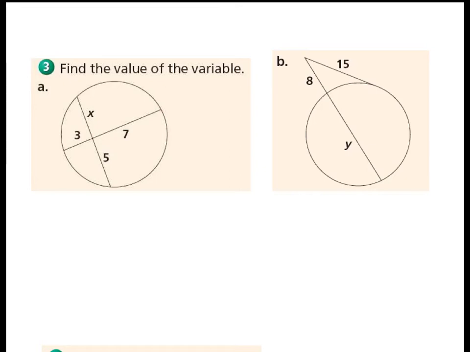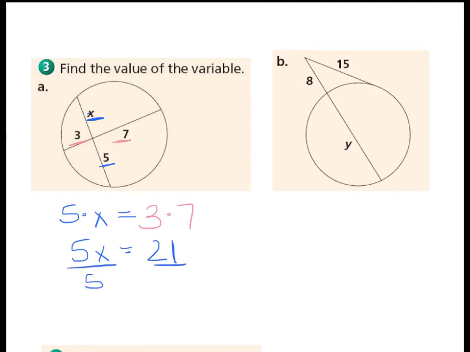On this one, we said we take the two pieces, so in this case it would be x and 5, and you multiply those together, so 5 times x, and that should equal the other two pieces multiplied, 3 and 7. 3 times 7. So you get 5x equals 21, divide by 5, and you end up with a decimal, which is correct, 4.2.